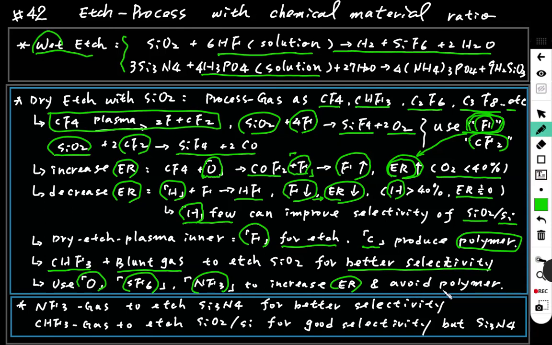Also at the same time avoid polymer, because O, SF6, NF3 include no C, so they don't produce polymer.